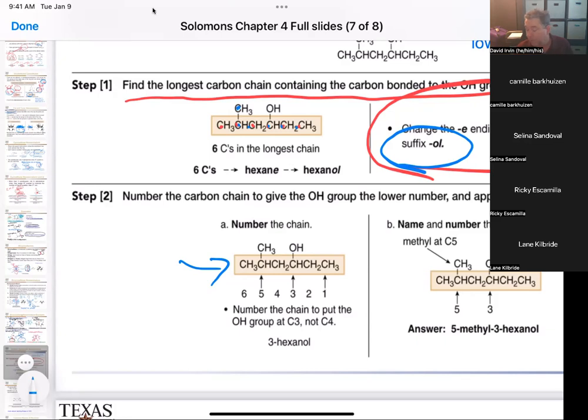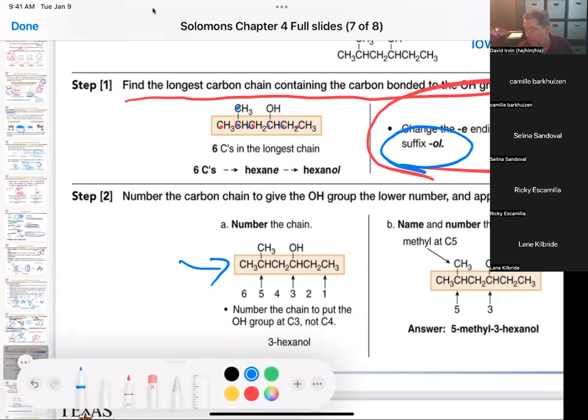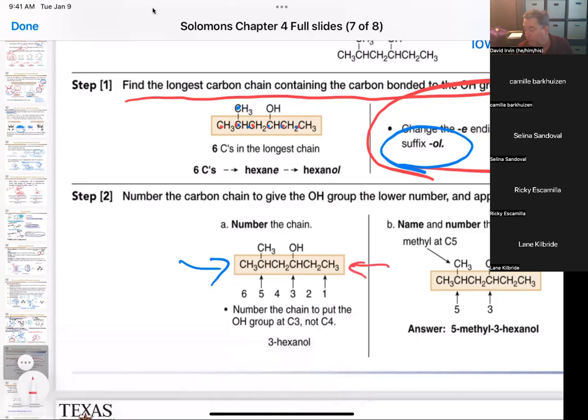So that means we have to number from the other side right here. We're going to number from this side to give 1, 2, 3. Our OH is in our 3 position. And that means our methyl group is in the 5 position. It doesn't matter that it actually is a higher number than the other way because the name changed.